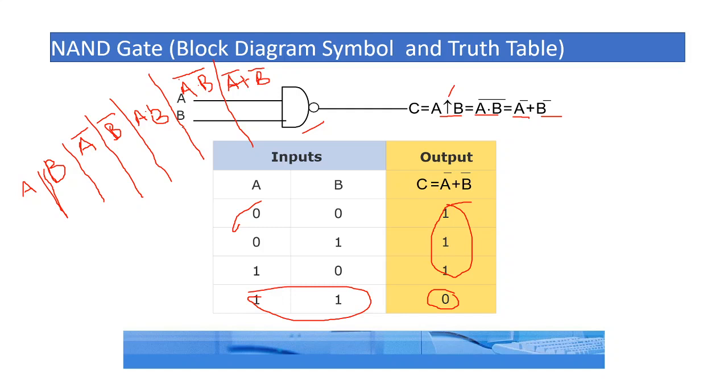So the result of (A dot B) bar must be logically equivalent to A bar plus B bar.